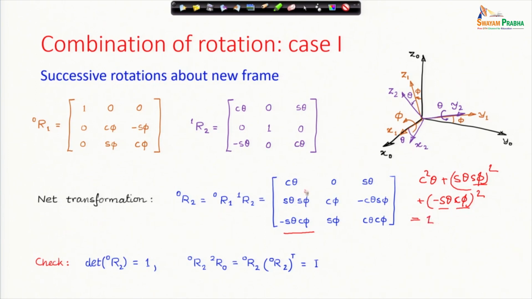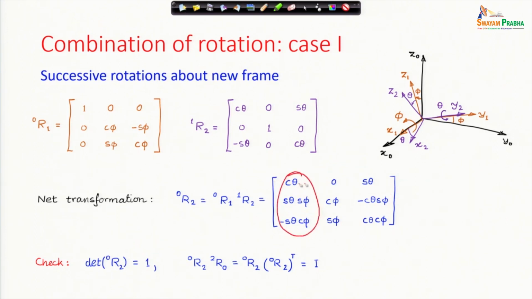So, this I will get 1. So, the dot product of this with itself is 1, and likewise for each of the other columns. So, all of these are satisfied.